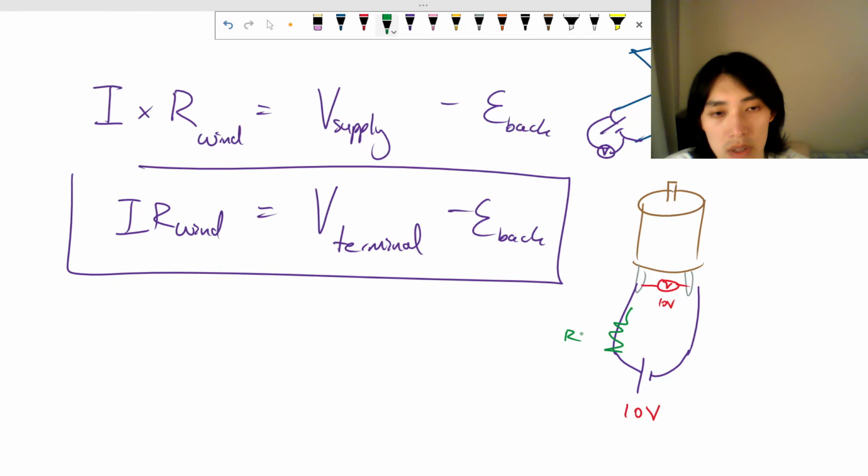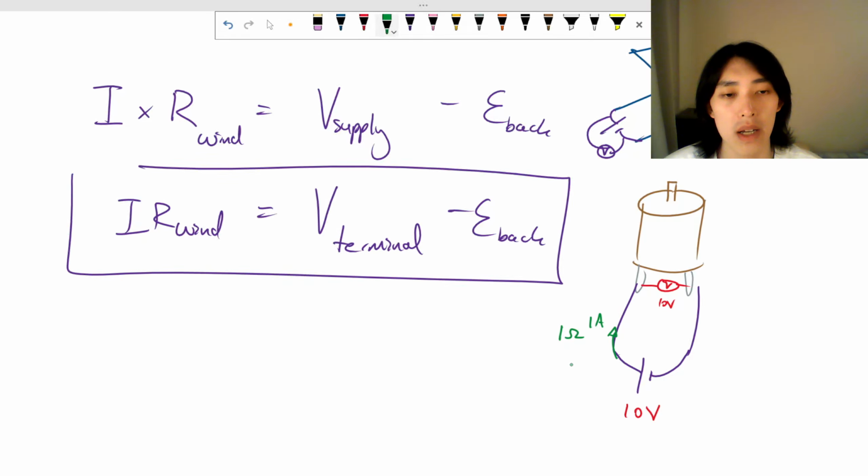If this has some resistance, let's say 1 ohm, and there's a current of 1 amp inside, then this wire would have a voltage drop of 1 volt, and so with this one, another 1 volt here. So that means we would only see 8 volts over our terminal.